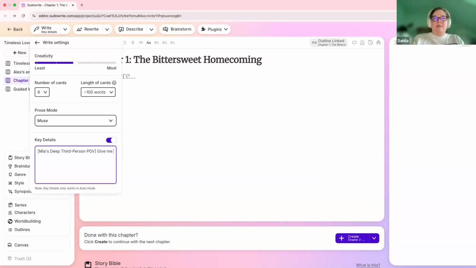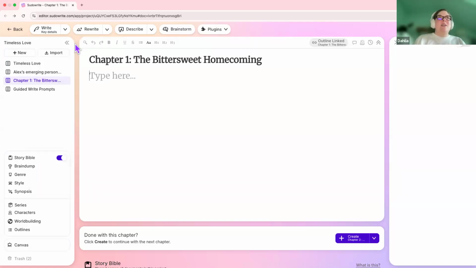And give me a killer opening that instantly hooks the reader. That's something that works quite well for most models. Then you can just click here and it will start writing over here.